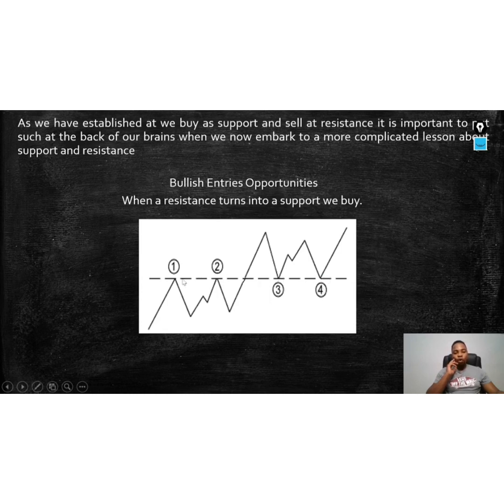We all know that when we are at the resistance level, we're only looking for selling opportunities. However, now we've seen that the same resistance level turned into a support. Now there are new opportunities that have been created. Opportunities for bulls have been opened, because the same resistance turned into a support, and we all know that on a support level we buy.